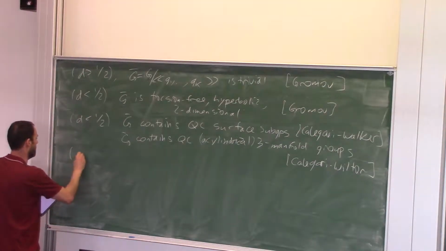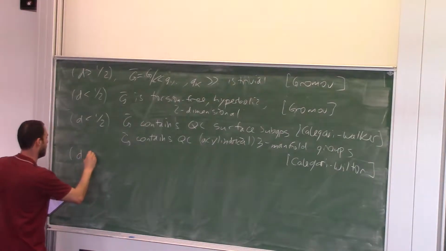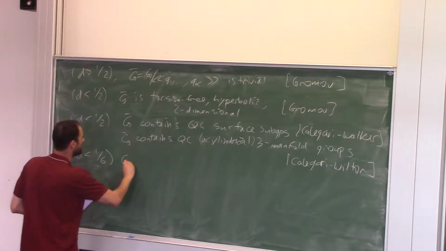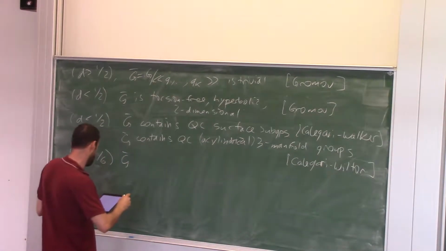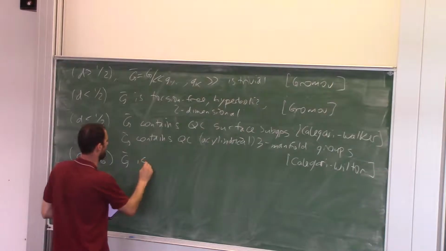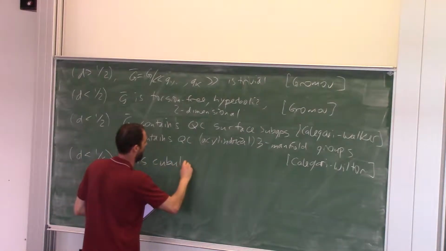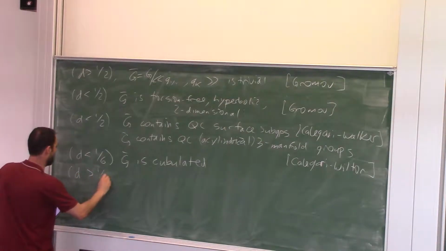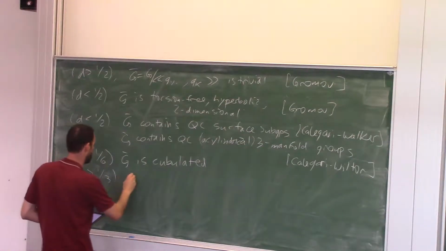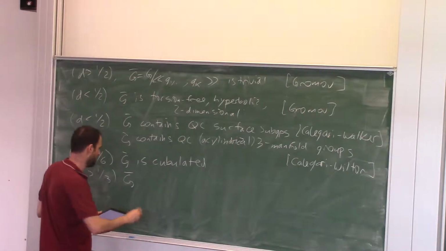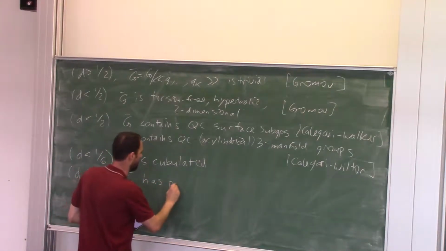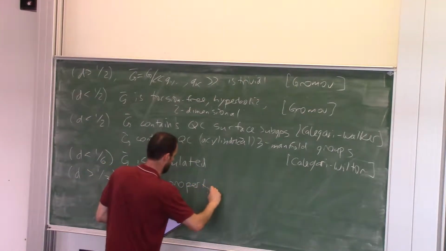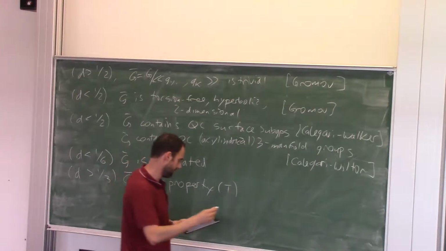And if the density is less than 1/6, then generically the quotient is cubulated. If density is bigger than a third, then generically G bar has property (T).